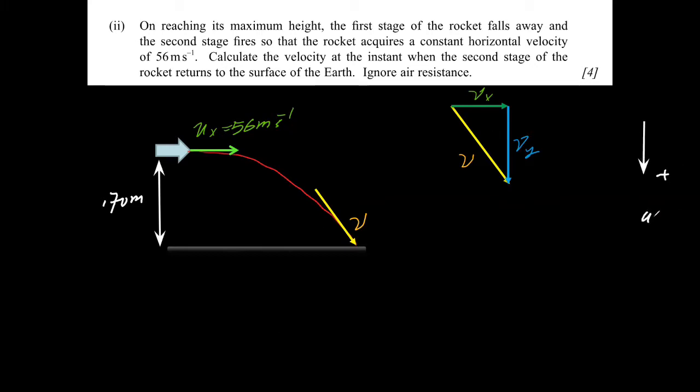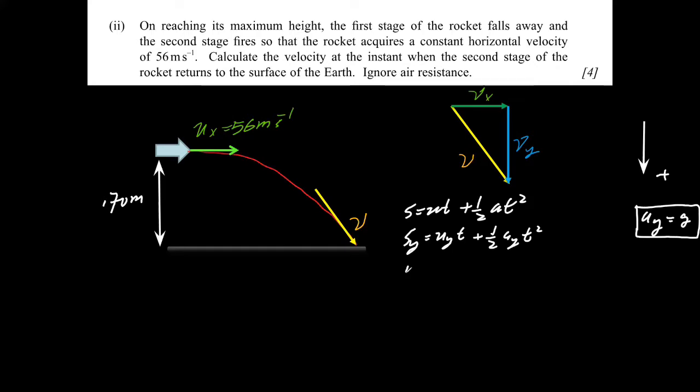We choose downward as the positive reference. Then acceleration due to gravity in the y component equals g. Let's write it down. Displacement formula: s equals ut plus 1/2 at squared. Displacement is 170. The rocket is traveling horizontally, so the initial velocity in the y component is 0, times t, plus 1/2 times 9.81 times t squared.